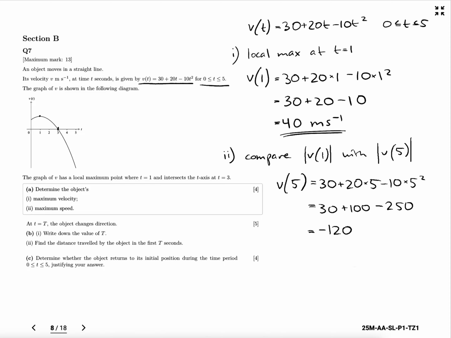So it's going to be minus 120 meters per second. So the magnitude of this is basically 120, and that's larger than 40. So the maximum speed is equal to 120 meters per second.